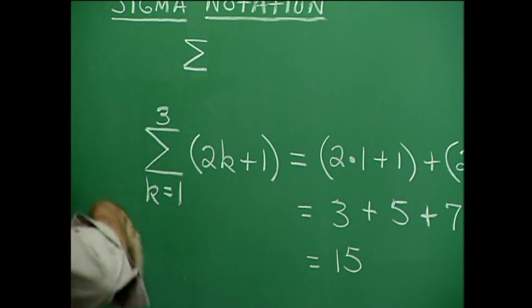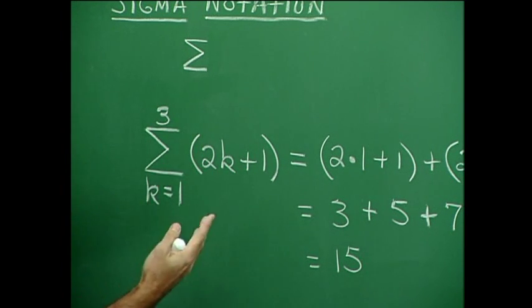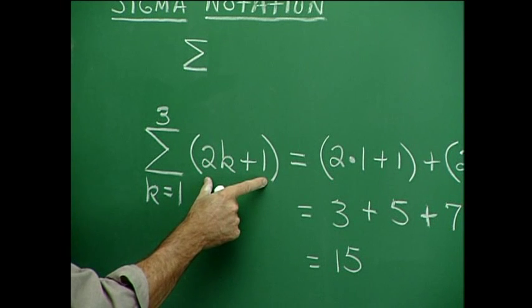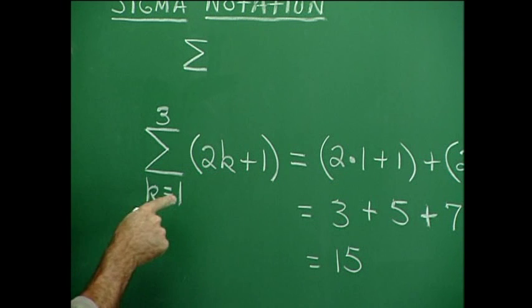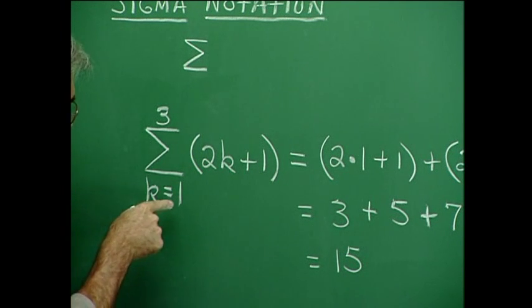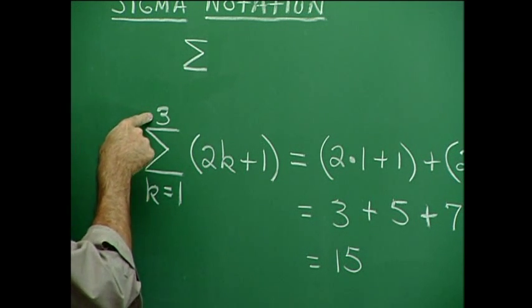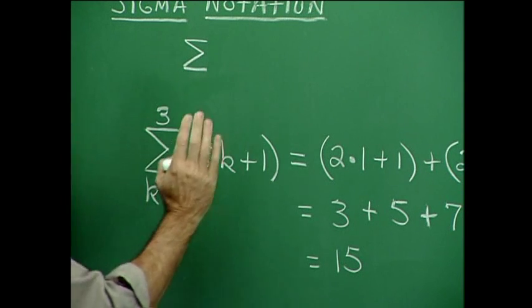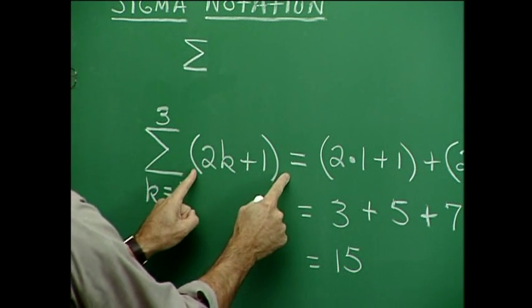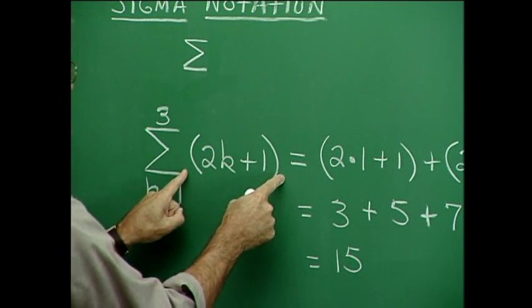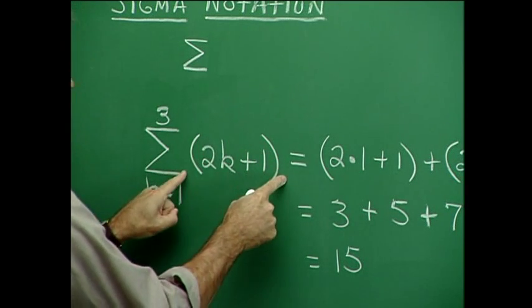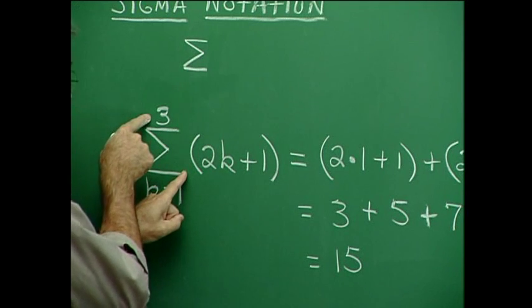And we're just adding a bunch of things. And the things that we are adding are generated by using this expression and replacing k with all of the values from this lower limit to the upper limit. So this means we're adding this expression when k is replaced with 1, plus this expression when k is replaced with 2, plus this expression when k is replaced with the upper limit 3.